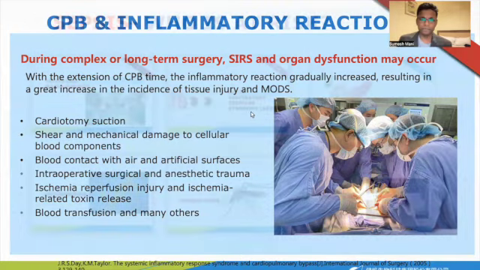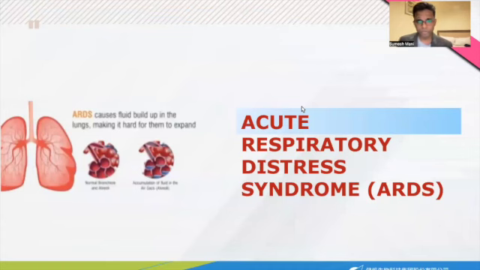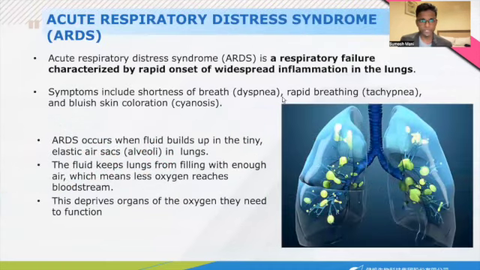That's enough for today. And now let's talk about ARDS, acute respiratory distress syndrome. This is mainly a respiratory failure characterized by the inflammation of the lungs or any situation. Okay, and now the patient will definitely have shortness of breath and all these issues.